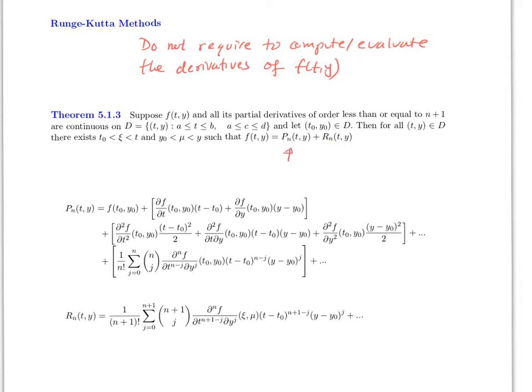So this is the Taylor polynomial in two variables. Okay, and r of tn is the remainder, which is going to be used for the error. So in this case, it's just the remainder.